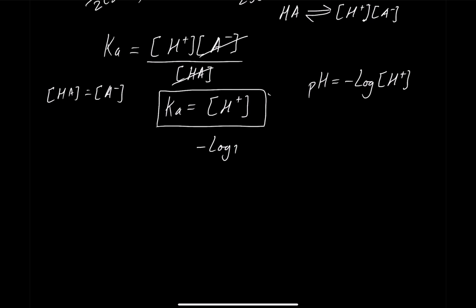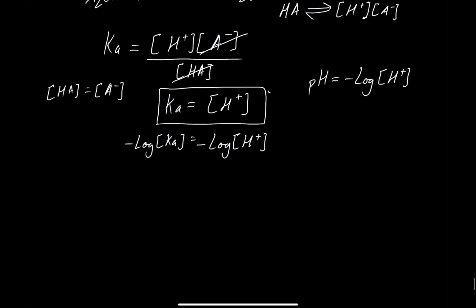But how do we work out the Ka? It's the same thing. What if we do that same thing to the Ka side? If we do minus log of Ka, that gets us pKa, right? I've just done that to both sides now. I was trying to work out the pH, which is minus log base 10 of the H plus concentration. But if I do the exact same thing to the left hand side of minus log the Ka, that's pKa.